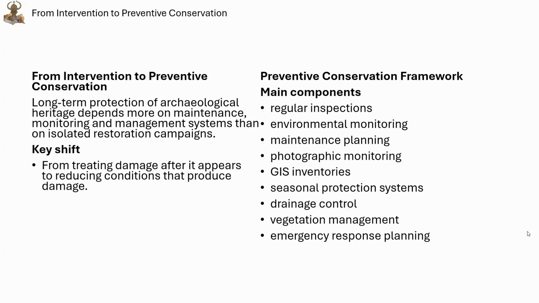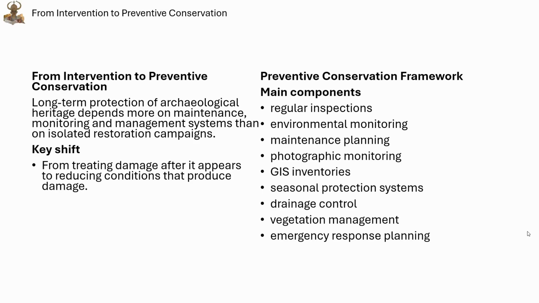And the preventive conservation framework includes several practical components. Regular inspection helps identify problems before they become severe. Environmental monitoring records conditions such as humidity, temperature, water flow, or exposure patterns. Maintenance planning defines what needs to be checked, when, and by whom.